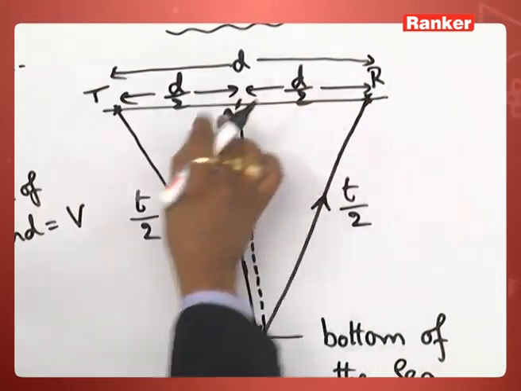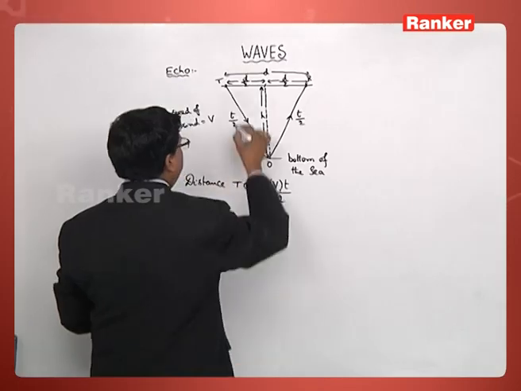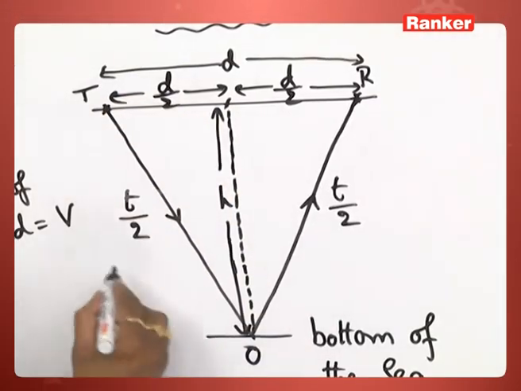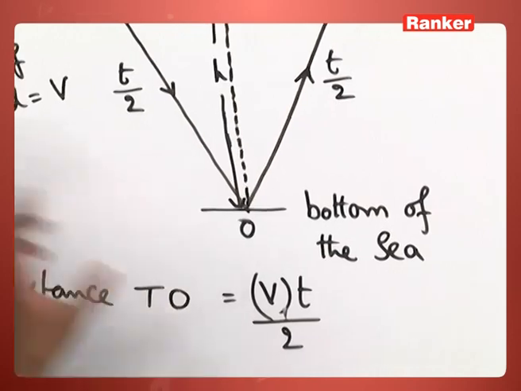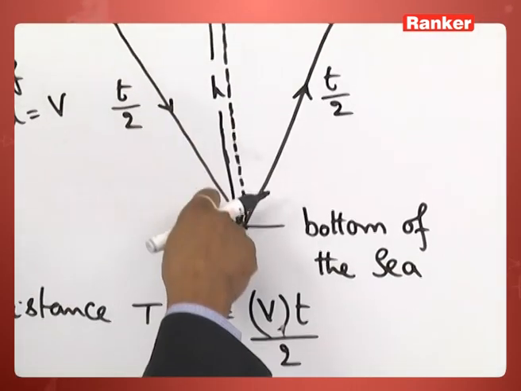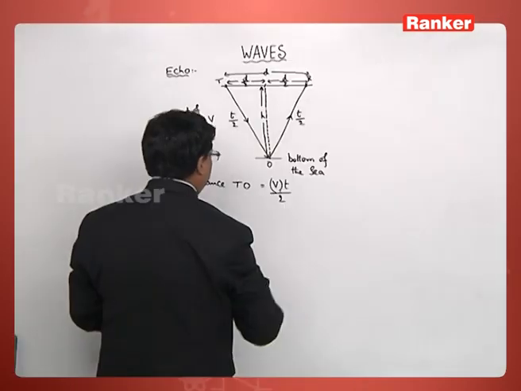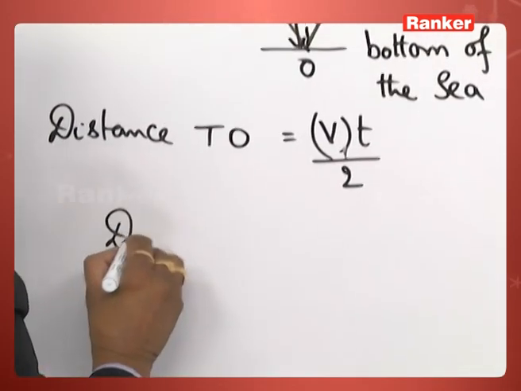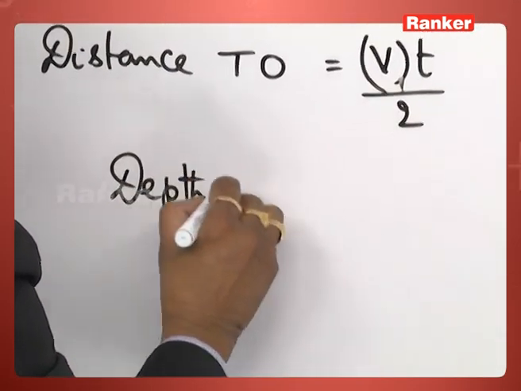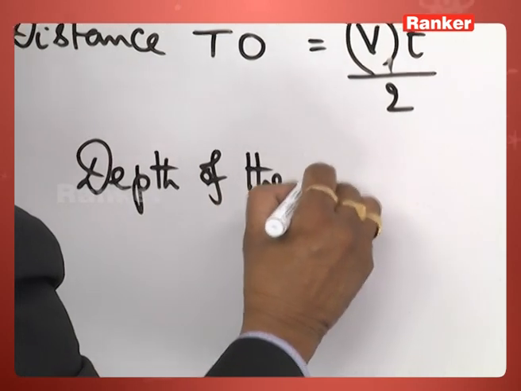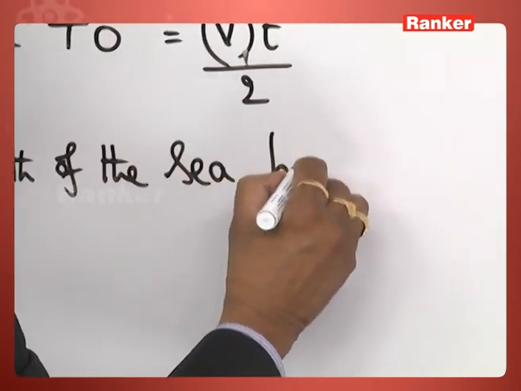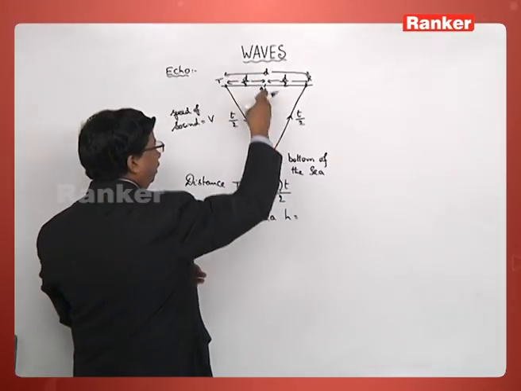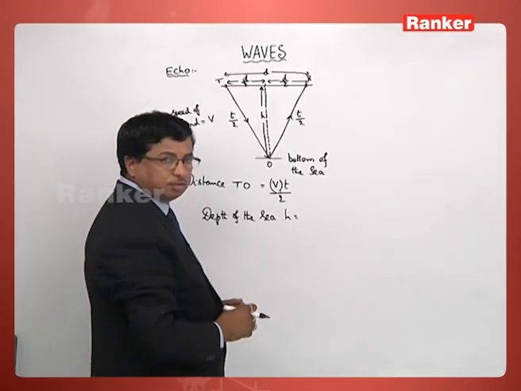Total distance is d, means this is d by 2, this is d by 2. And what is this distance now? It is simply Vt by 2. Now I know this distance, I know this distance. What is the depth of the sea? Depth of the sea we just want. That in this figure is represented by h.